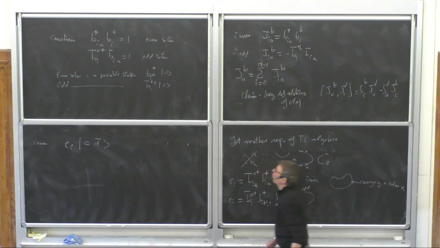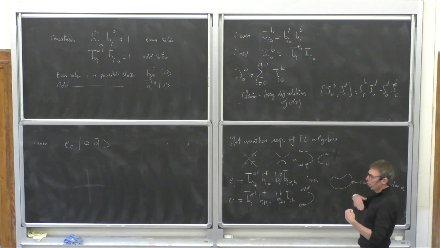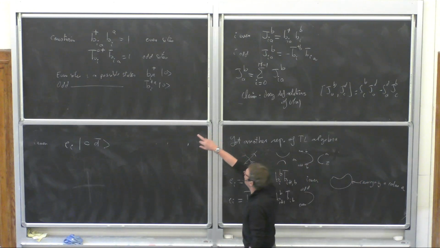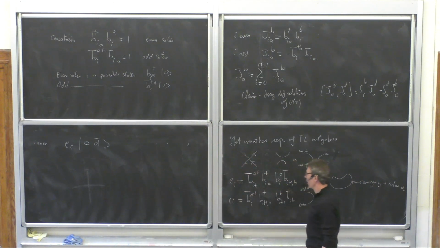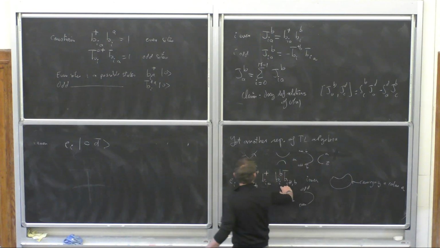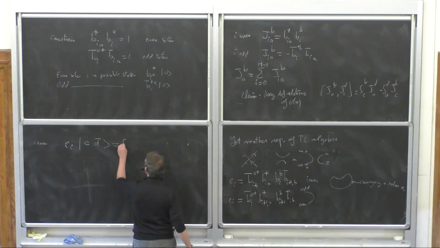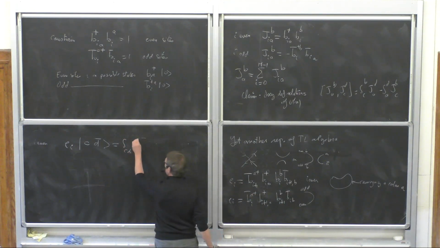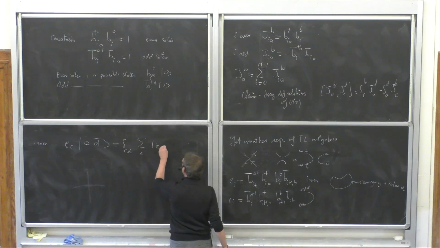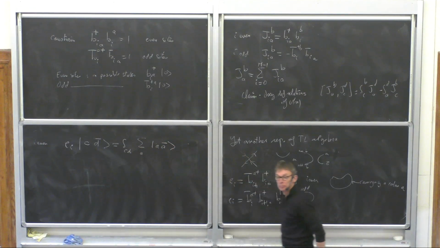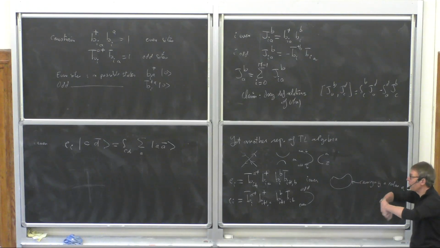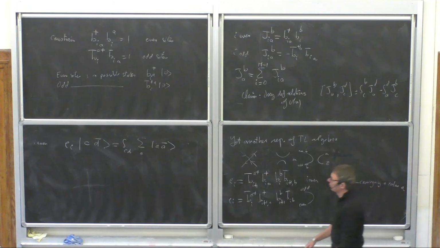C is from 1 to n, D bar is from 1 to n, but now I use the color with a bar to denote the fact that I am on an odd site. Well, this is a sum over B, so it forces C to be equal to D. And then it's also a sum over A, so that's sum over A of A A bar. That's what it is. I annihilate identical colors and I create a pair of identical colors.